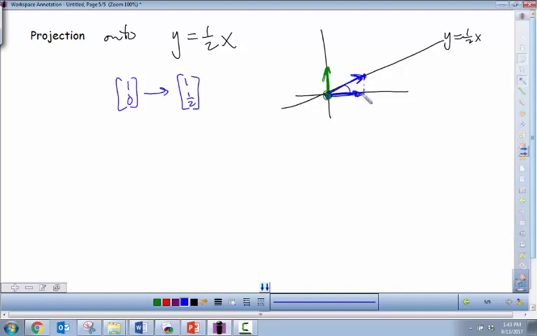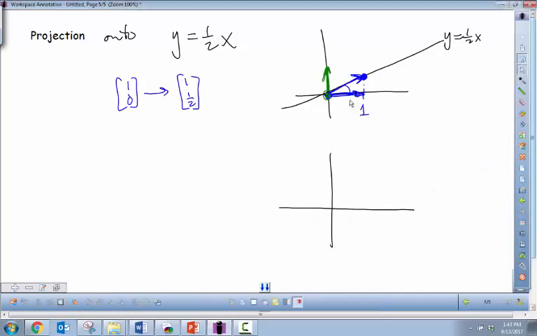Because I want to know what this point is, right? We're not used to both the purple and the blue being on the same spot. Oh yeah, let's put it on a different graph. We're used to them both being in a different spot, but here they're going to be right on top of each other.